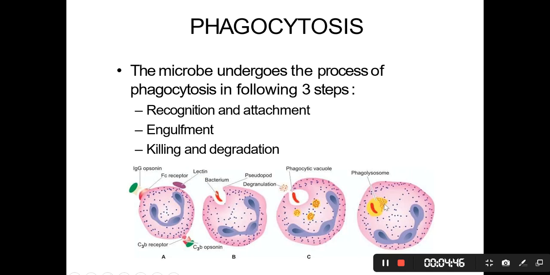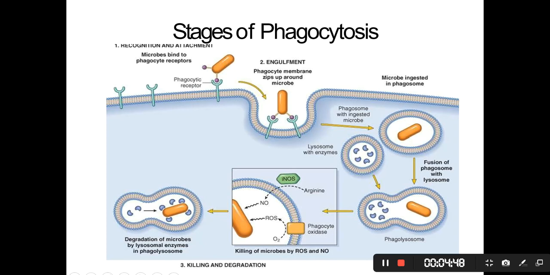this image is important I guess. So this is the one which we are doing. The first one is recognition and attachment. Microbes bind to the receptors. You can see over here, these are the receptors. This is a microbe, it has bound to it. Second is engulfment, which basically means gulping it down, like swallowing it.